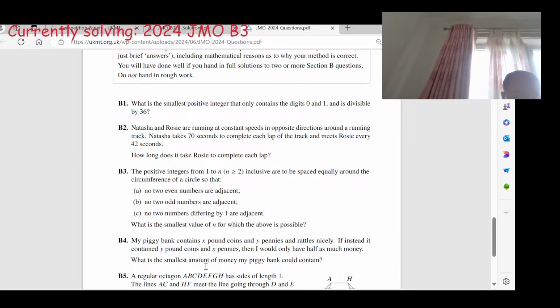1, 2. No, you can't have 1 and 2. 1 and 3, well, 1 has to be next to 2 or 3, so no. 4, okay, 1 has to be next to 2 of the numbers.